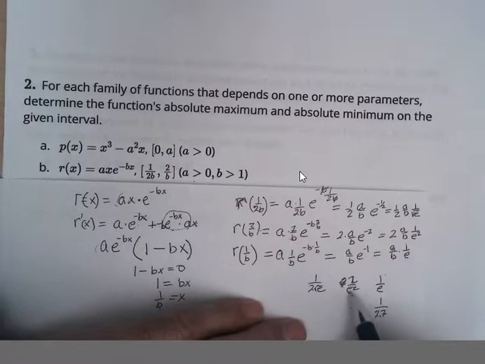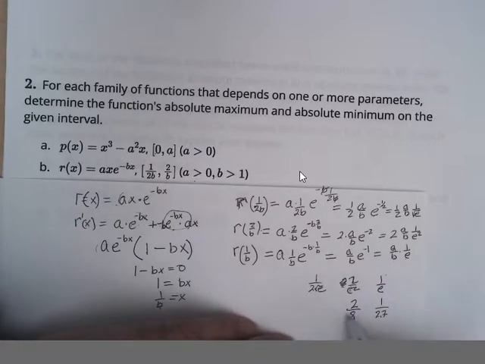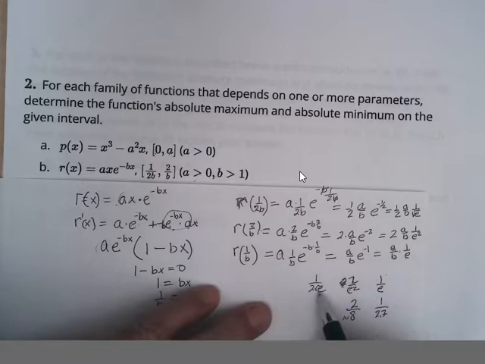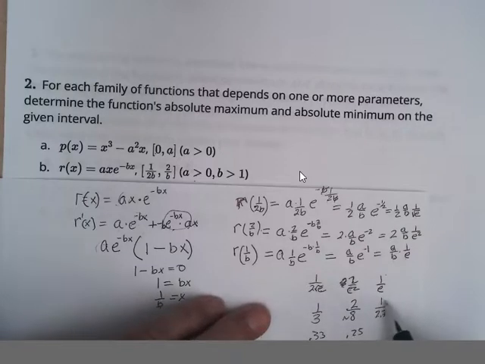This is 2 over 2.7 squared. 2 squared is 4, 3 squared is 9, so this is probably about 8 approximately. And the square root of 2.7 is about 1.5 times 2 is 3, so 1 over 3. So this is about 0.33. This is about 1/4 or 0.25, and this is 10 divided by 27, about 0.4. So I think this one's the largest.